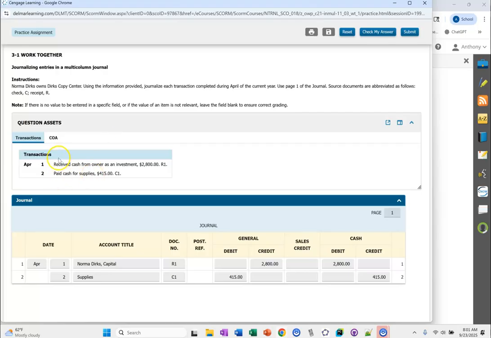So transaction 1 says April 1st, received cash from owner as investment, $2,800, R1. So I filled in the date, April 1. If you click on the account title and start typing, it'll fill in.